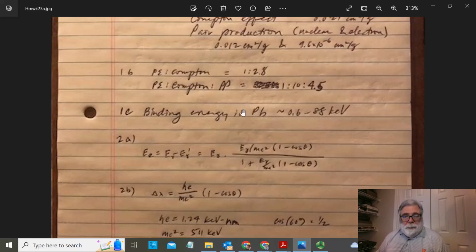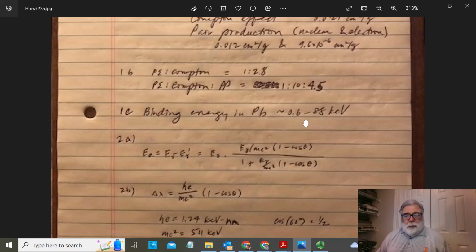The important point for you to realize is with the photoelectric effect, when photons are very energetic, MeV photons, they're not comparable to binding energy. The photoelectron has almost all of the photon's energy. So if I have 1 MeV minus 90 keV, that's still almost 1 MeV. It's a rounding error for most calculations.